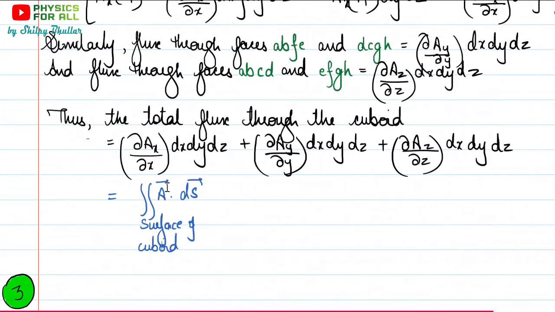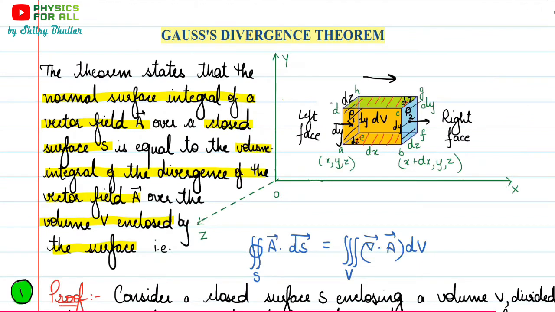So this is why we have written this, and this ds is the surface area of the cuboid. All these field lines are just passing over the surface of the cuboid. It is passing over the left face, it is touching the right face, top, bottom, front and back; all the faces are getting affected. So that would be counted as surface. You must know the meaning of surface and volume.